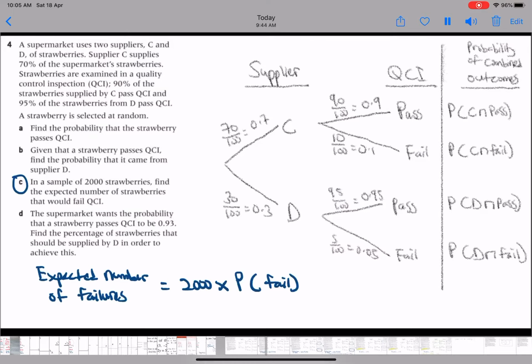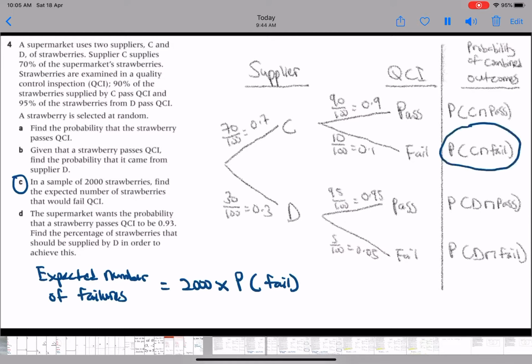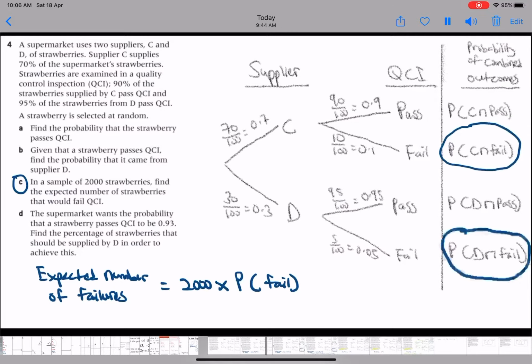Now, this probability experiment is a combined experiment. So when it is a combined experiment, you have to look at the probability from a combined point of view. So the probability of fail comes from C and fail and D and fail. There are two possibilities, and these two possibilities cannot happen at the same time.